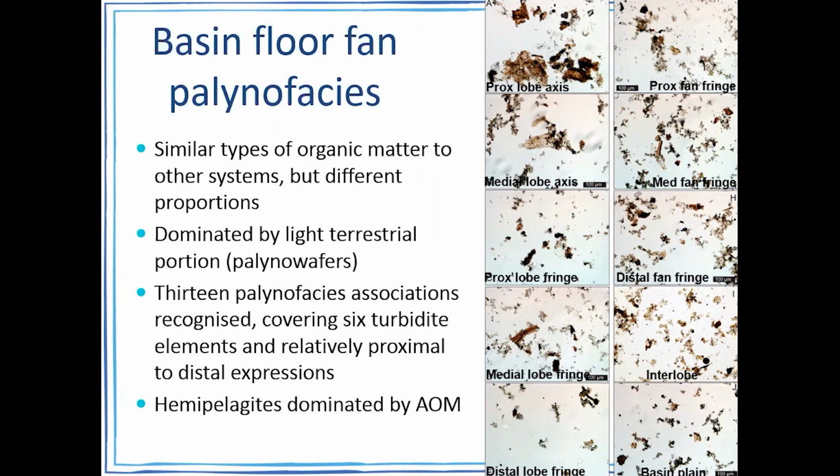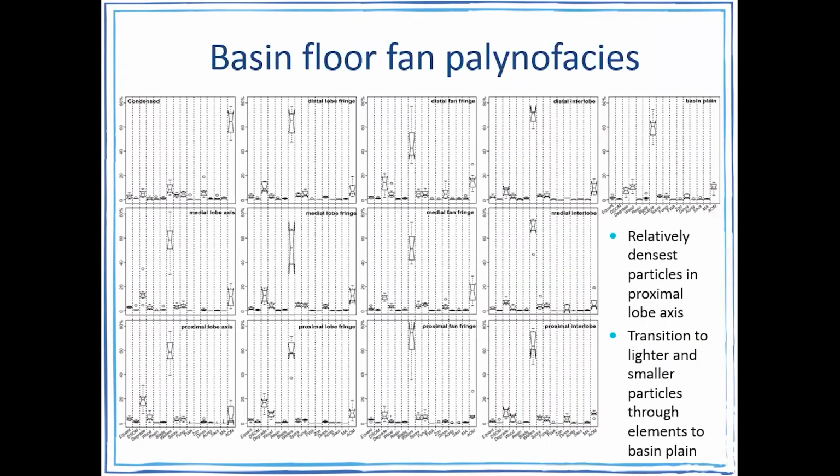And we recognized a range of very gradational palynofacies associations relating from the proximal lobe axis through various environments into the background type of basin plain element, but still really dominated by the light terrestrial fraction.